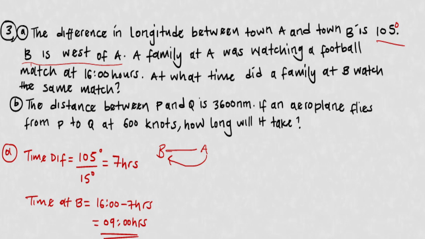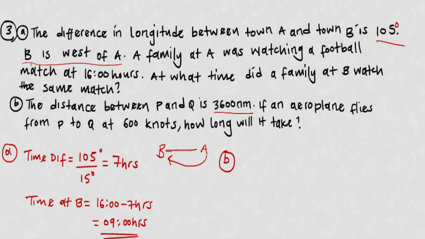Now at this point of time, we're going to look at part B and see what they're asking us to find. The distance between P and Q is 3,600 nautical miles. If an aeroplane flies from P to Q at 600 knots, now you know already when we say nautical miles, we're looking at distance.